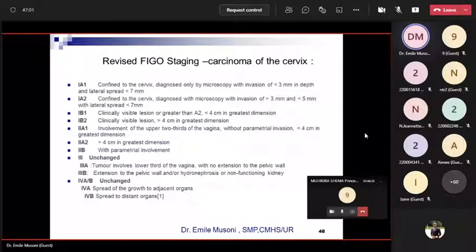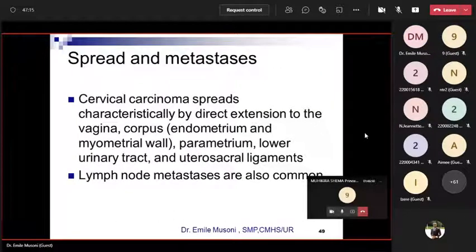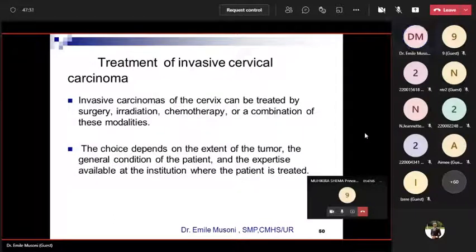And it can also involve the lymph node. The tumor was on the cervix, then we found some metastasis in the lymph node. The spread, as I have said: lymph node, parametrium, urinary tract, uterosacral ligament. It can be a site of metastasis.